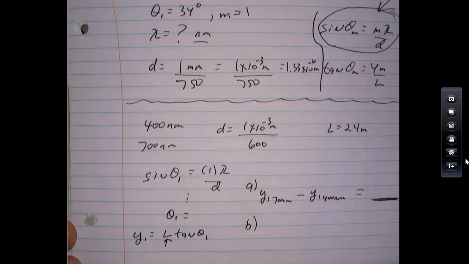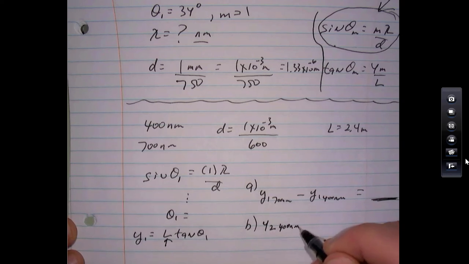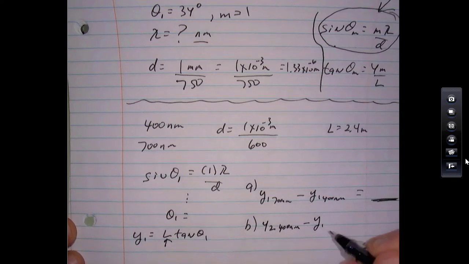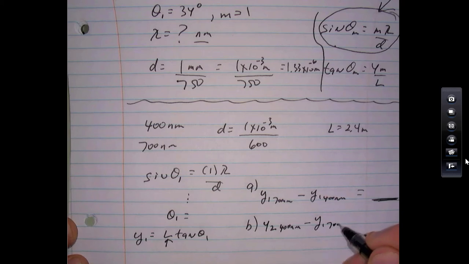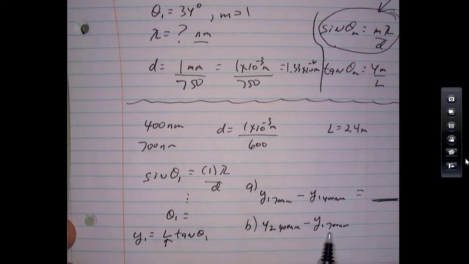For the second part, they want to know the distance between y2 of the 400 nanometer and y1 of the 700 nanometer. If you think about it, at the end of the 700 nanometer first fringe there's a distance, which you'll get from the first part.